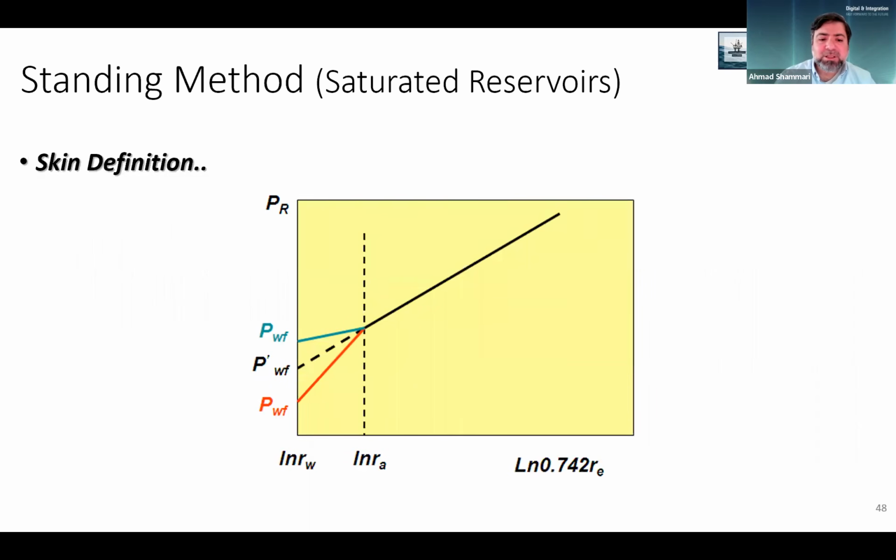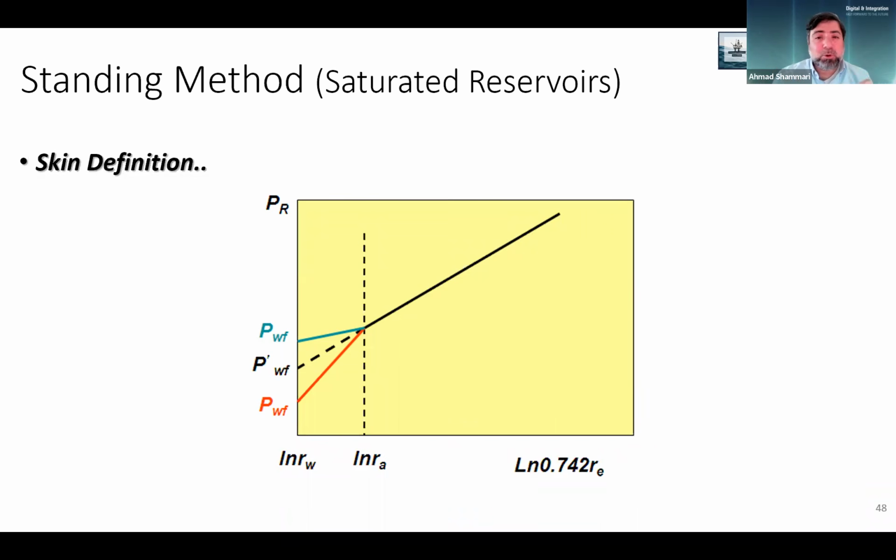So just quickly, what is the skin? The skin is just a term that represents the additional pressure drop that's close to the wellbore, okay? And this is mainly due to the damage that we do during drilling. When we drill, of course, we inject mud, water-based mud, to carry the cuttings, to cool down the bit, and to work as lubrication, etc. But there will be some invasion from these fluids into the completion.